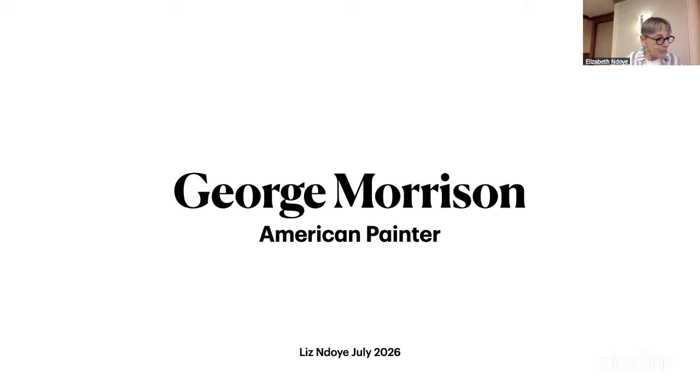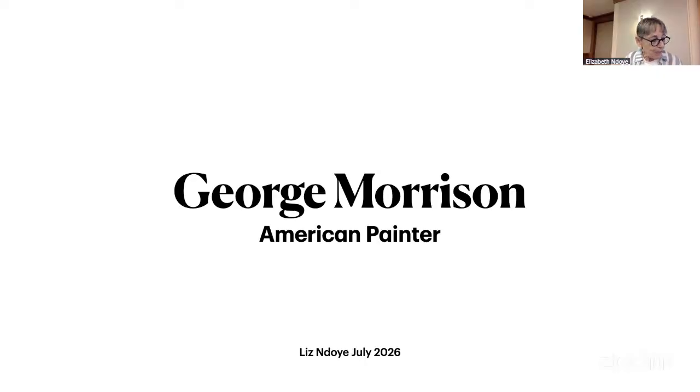George Morrison was considered to be an abstract expressionist, and he exhibited and worked alongside people like Willem de Kooning, Franz Kline, and another artist we've talked about quite a bit named Jackson Pollock.